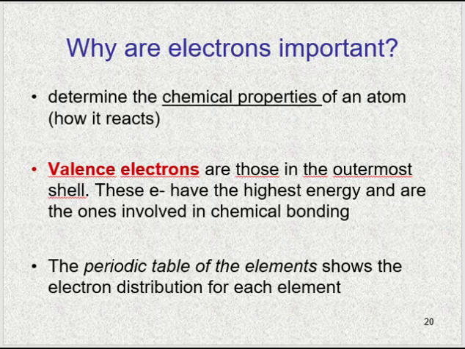So we've kind of hinted at this, but why are electrons so important in determining how an atom acts? Well, it's because of its valence electrons primarily. The valence electrons are the electrons in the outermost shell. These electrons have the highest energy and are the ones involved with chemical bonding.